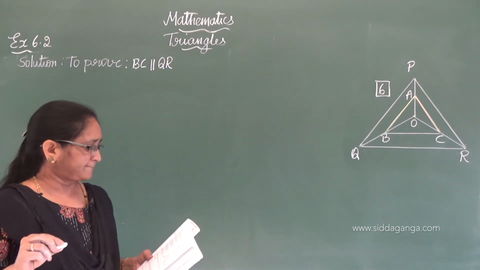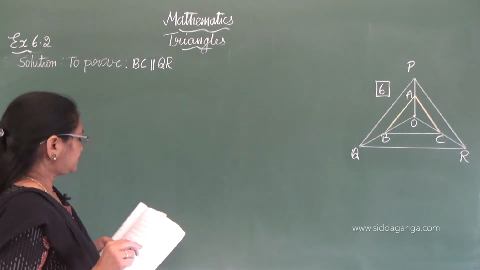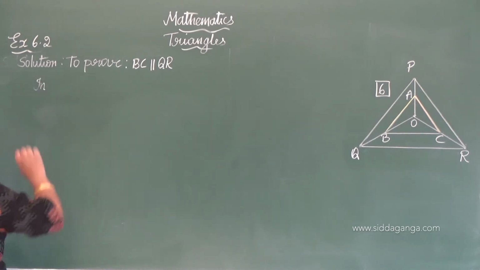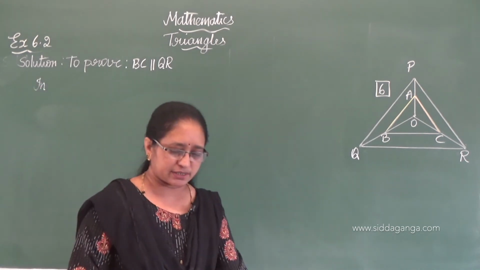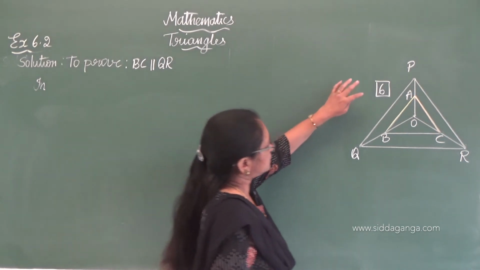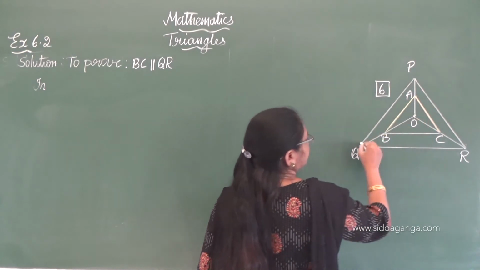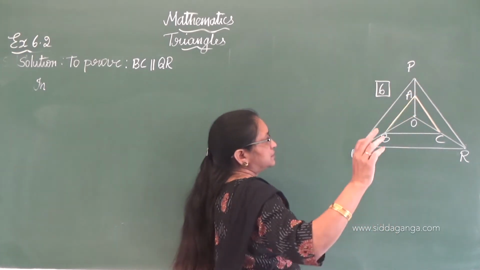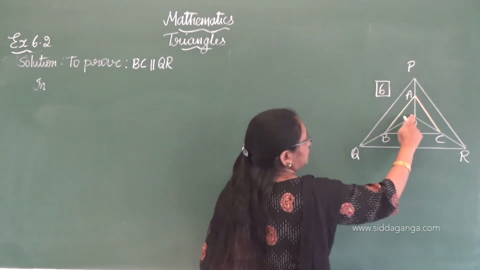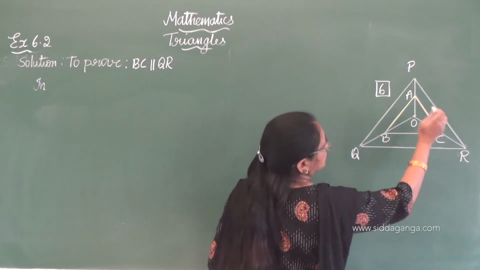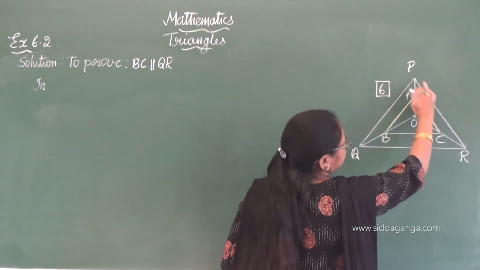Okay. Now, let me take one triangle. See this triangle POB. So let me take this part of a triangle. You can see the triangles POQ, OQR and also POR, three triangles.